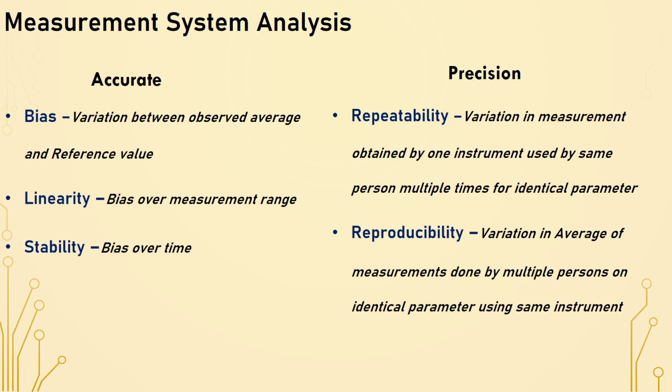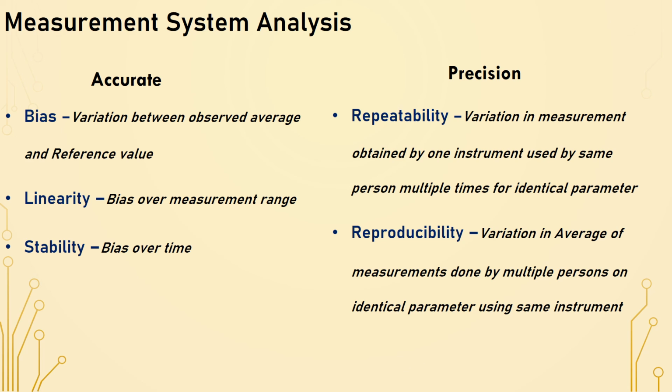First, let us understand what is meant by repeatability and reproducibility. Repeatability is the variation in the measurements obtained by one instrument used by the same operator for measuring a parameter multiple times. A single operator checking a single parameter multiple times, and the variations observed between the values over multiple times, is called repeatability error.